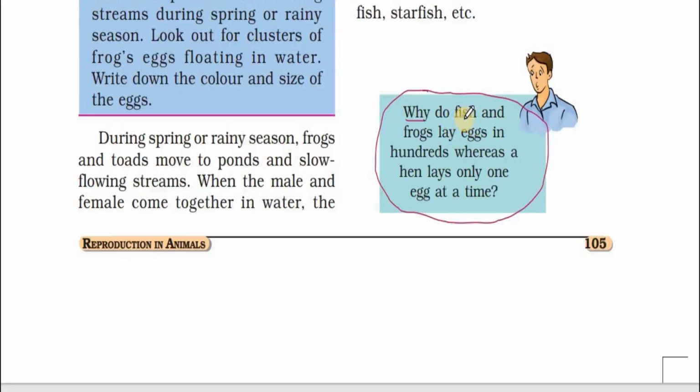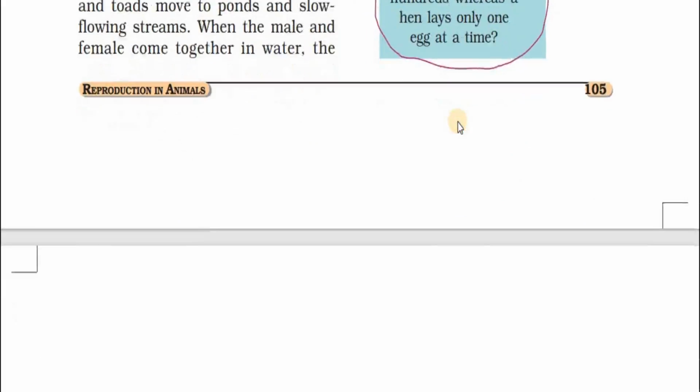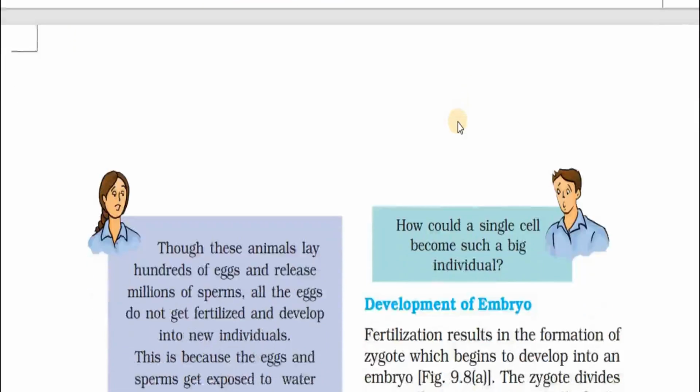Why do these frogs and fishes lay lots of eggs? If you see a fish egg, they are small, tiny, even smaller than a mustard seed, right? And we call them the womb. So why do these fish and frogs have lots of eggs?